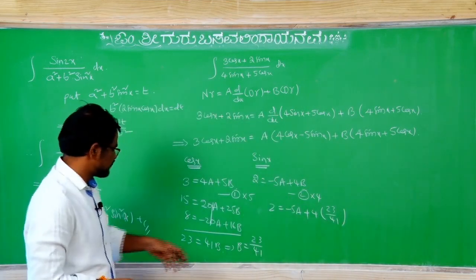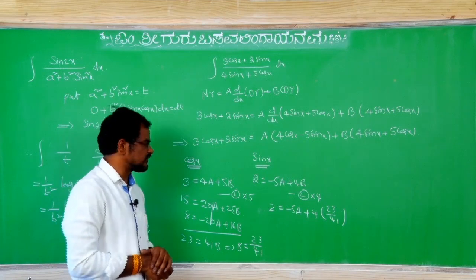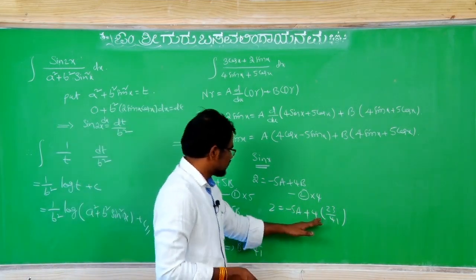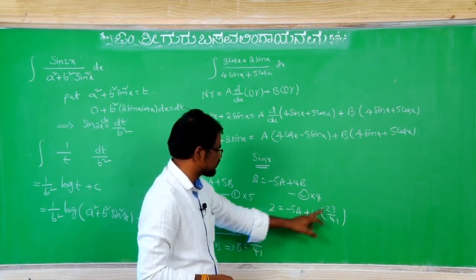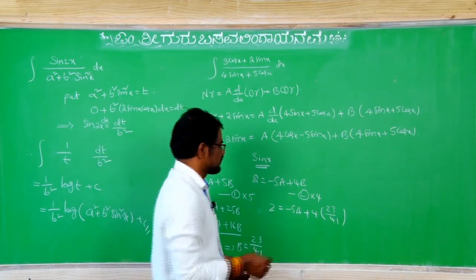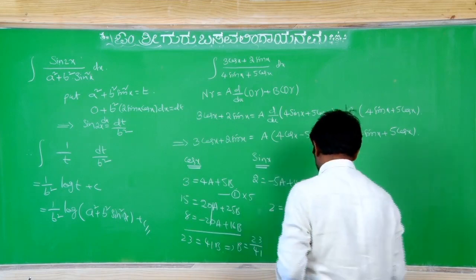So b equal to 23 by 41, and substitute this b value in this equation: 2 equal to minus 5a plus 4 into 23 by 41. Now you will get the a value.